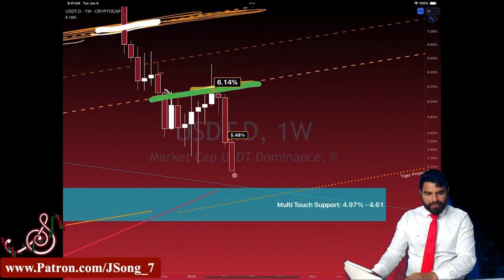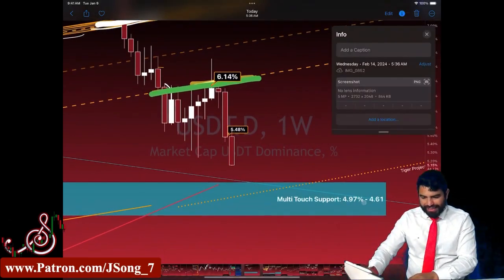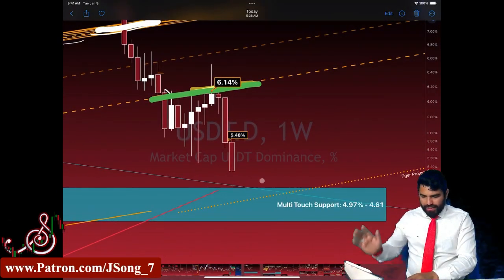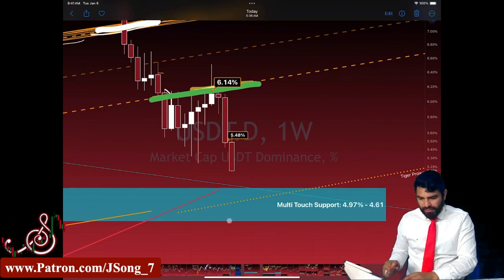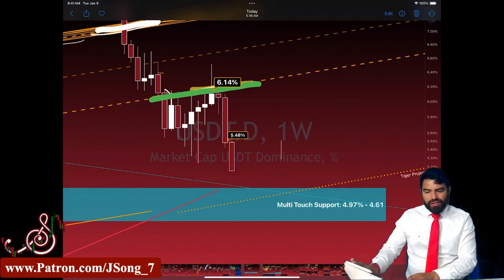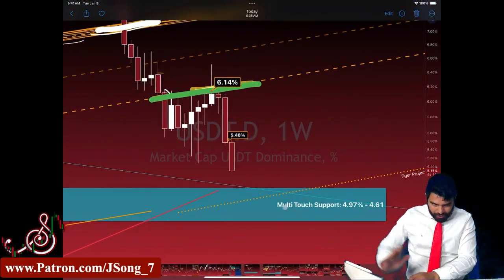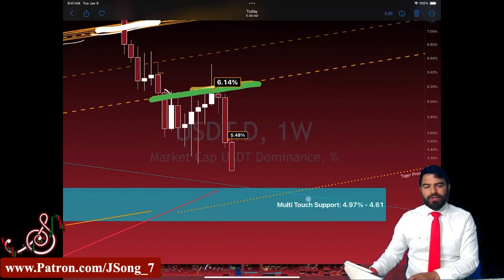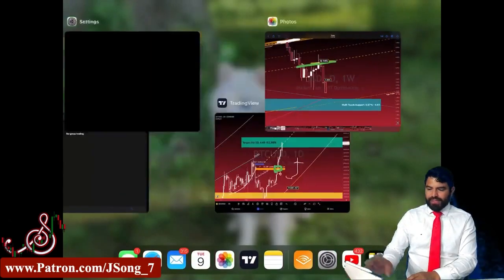We're almost there at 4.97 high, 4.61 low. I think we're gonna reverse just a few times and build on that area. At the very least, we're gonna swoop down nice and slow, but I actually think it's gonna be more abrupt. We'll probably hit within today or possibly even this week.